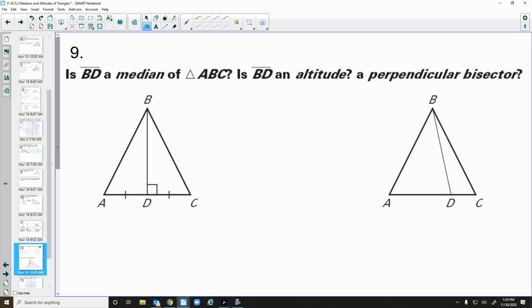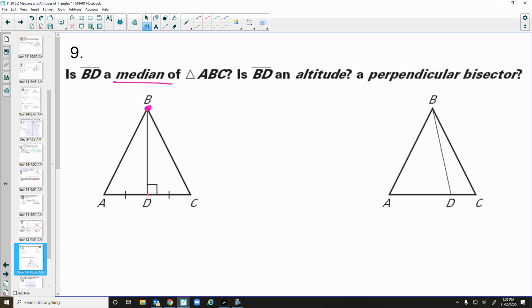If we look at this first one, is it a median? What are the only rules for a median? It goes from the vertex to the midpoint. That's the only rule. It doesn't matter about right angles.